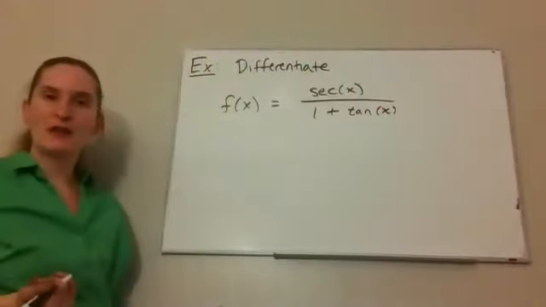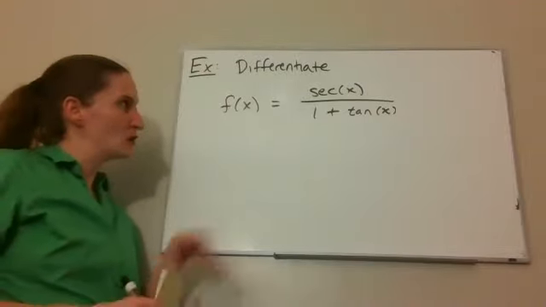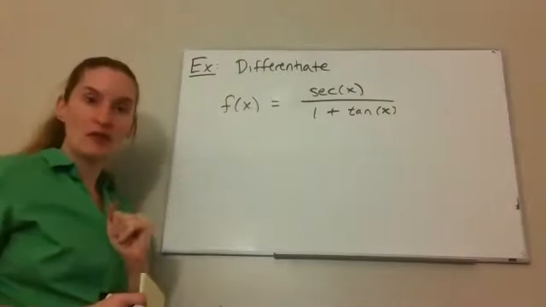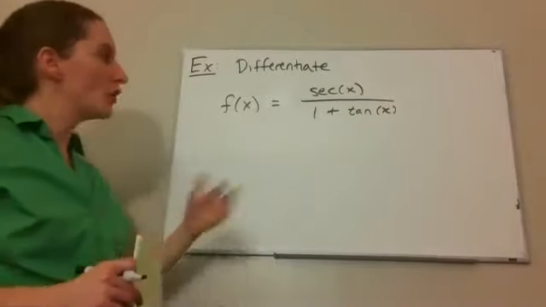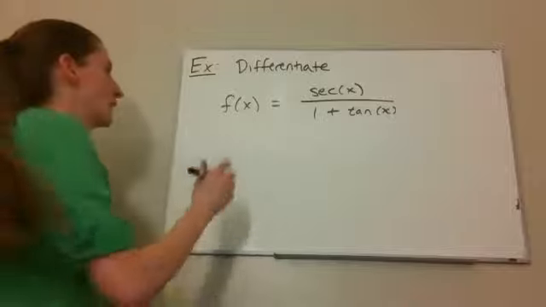So first we need to figure out what derivative rule I need. Of course, I need the derivative of secant and I need the derivative of tangent, but in general, I also need a quotient rule because I have a ratio of functions.